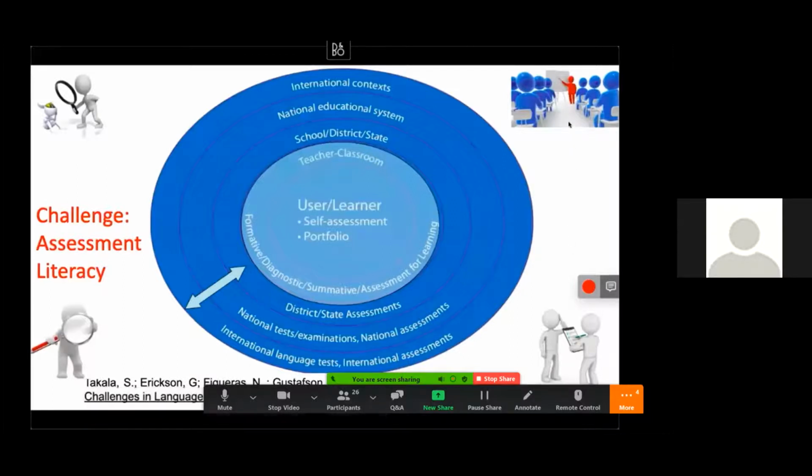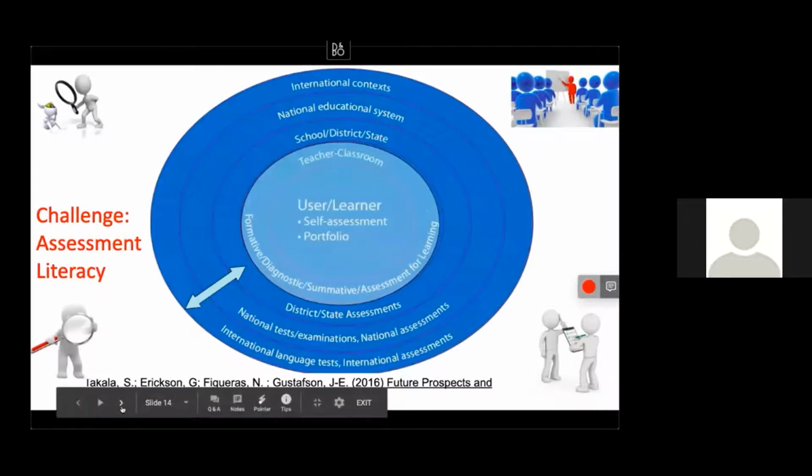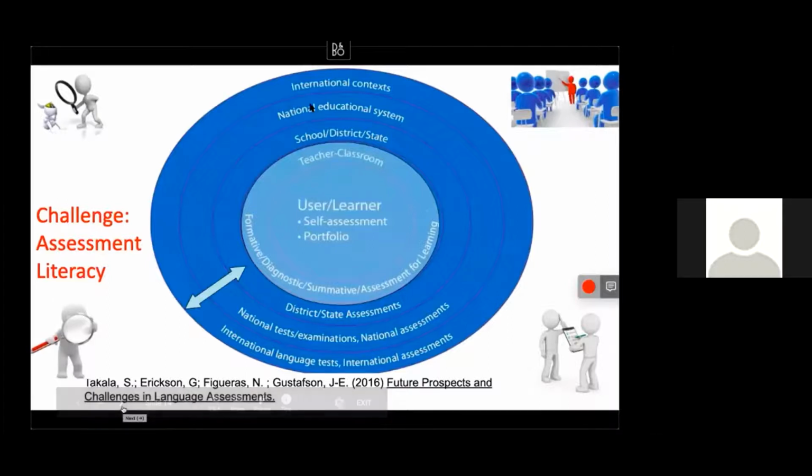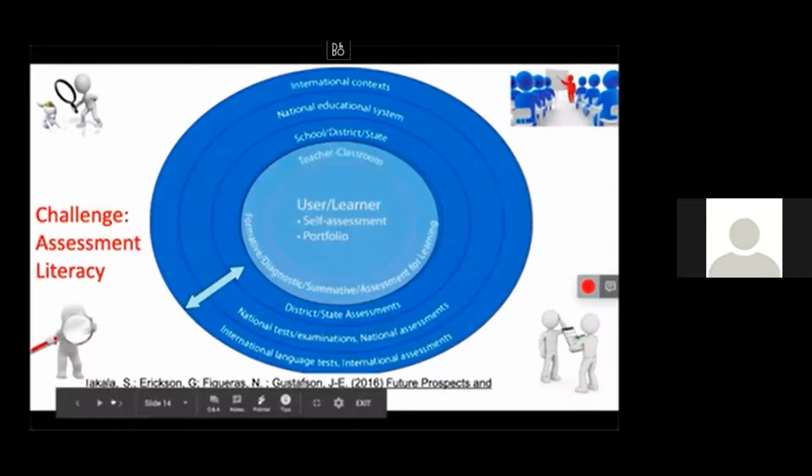In all these areas, we need to focus on getting our act together and doing the best possible job we can do. And in order to achieve this, the challenge presently, I think, is to achieve a higher assessment literacy amongst our teachers, amongst our school directors, and even amongst our public, society, and parents in general.